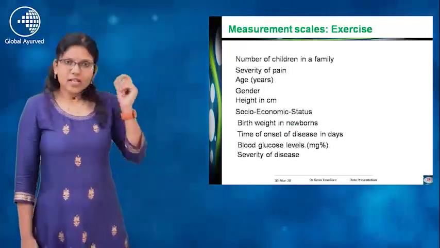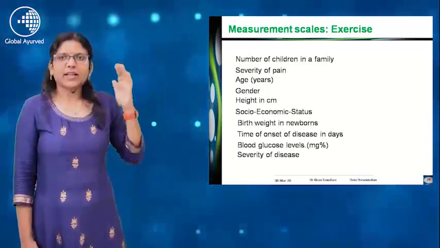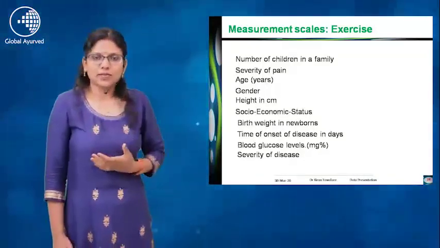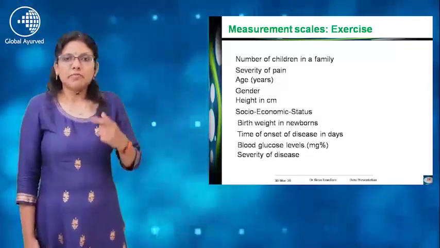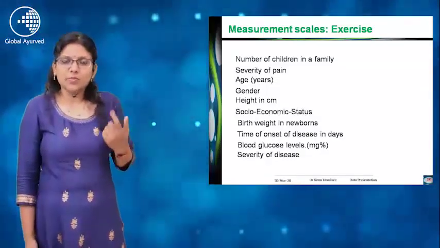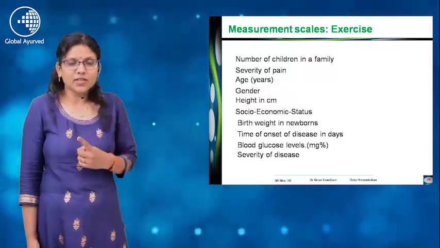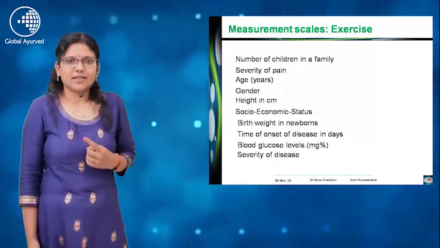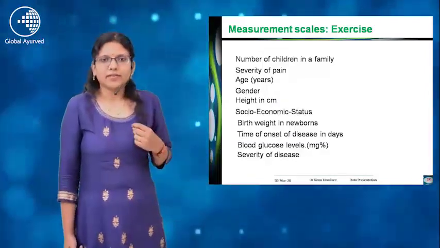So we can take a small exercise on this type of data and which scale we can use. You can also answer. First example is the number of children in a family. Which type of data? Discrete data. And which scale can we use? Interval scale. Second example is the severity of pain.